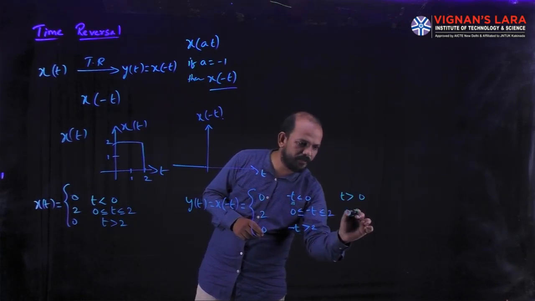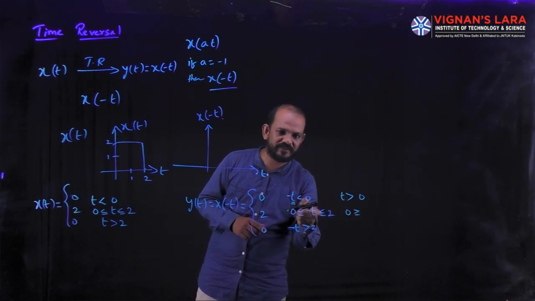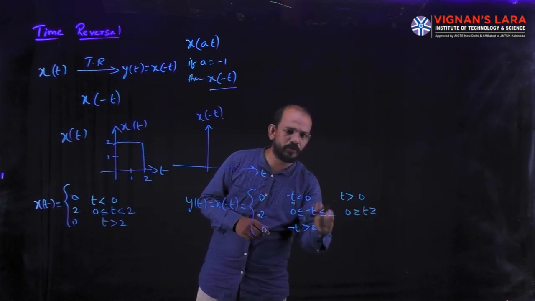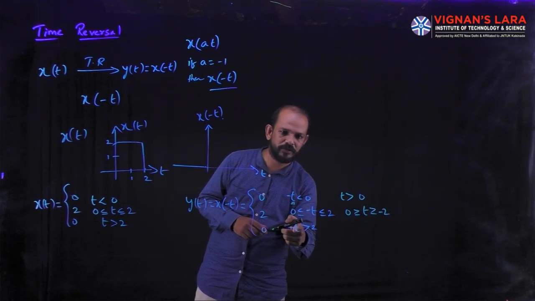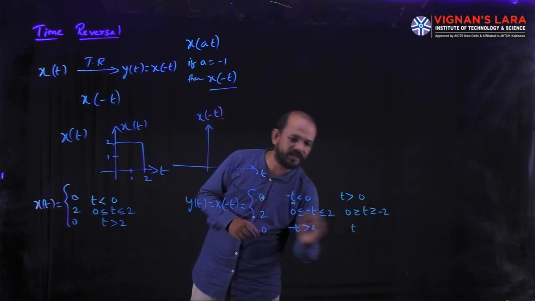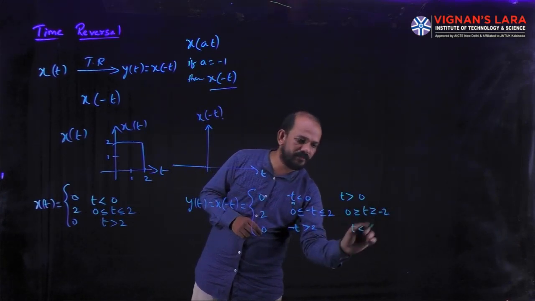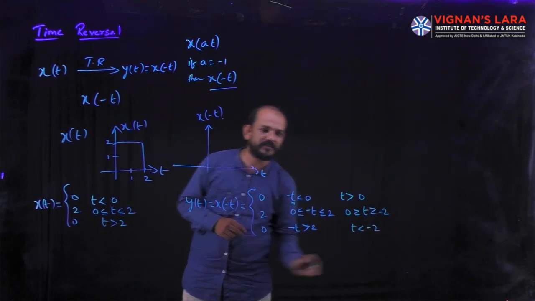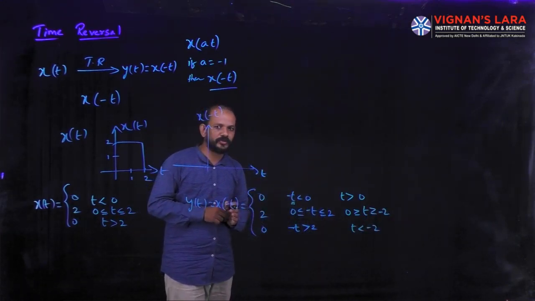Then less than or equal to becomes greater than or equal to, minus t by minus 1 is t. Less than will become greater than or equal to 2 by minus 1, minus 2. Here minus t divided by minus 1 is nothing but t. Greater than will become less than 2 by minus 1, minus 2. So remember this one.